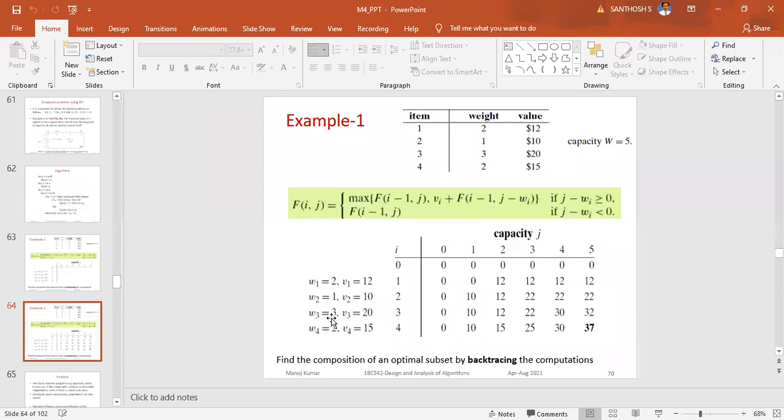So come for weight number 3. At I equals 3, J equals 3, you had 20.